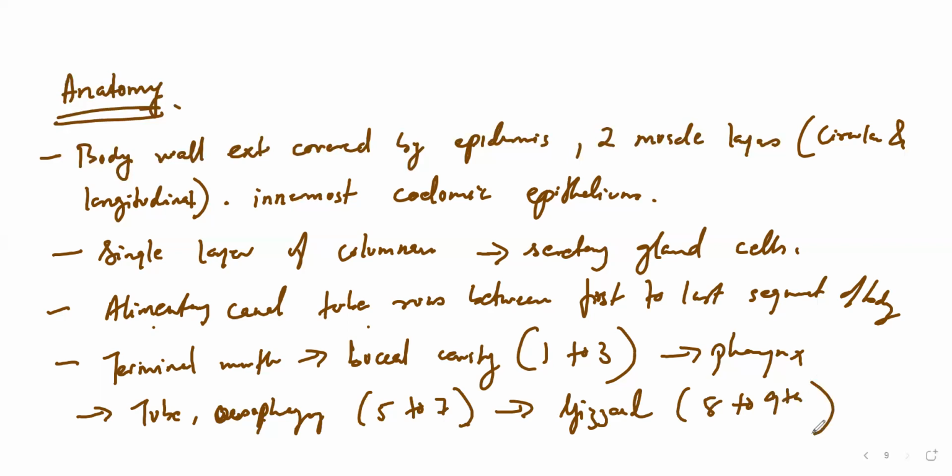Now, what is this gizzard? Just like we have teeth for grinding, in the same way the earthworm has a gizzard, which helps in grinding the soil particles and the leaves for decaying. So from 8 to 9, you have this gizzard, which helps in grinding.